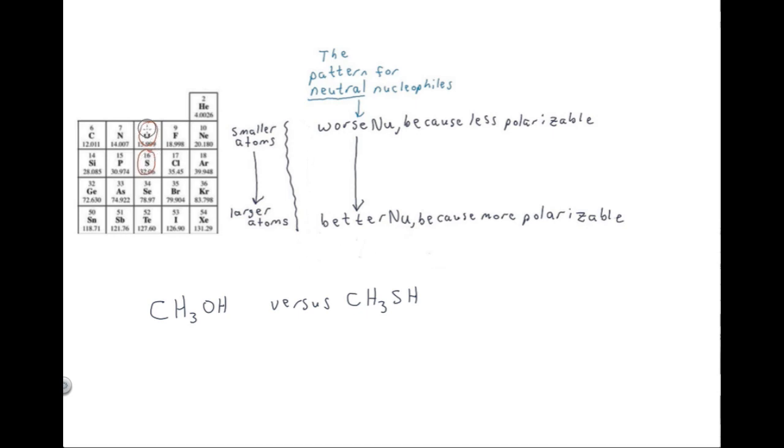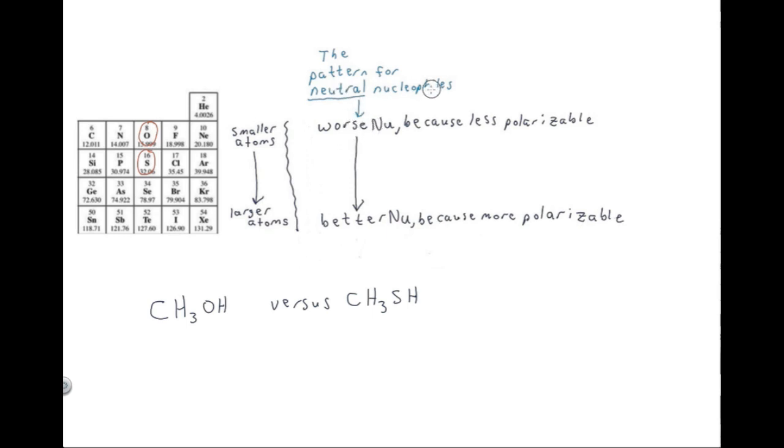Sulfur is a larger atom, and oxygen is a smaller atom. And it turns out that for neutral nucleophiles, larger atoms are better nucleophiles, and smaller atoms are worse nucleophiles.